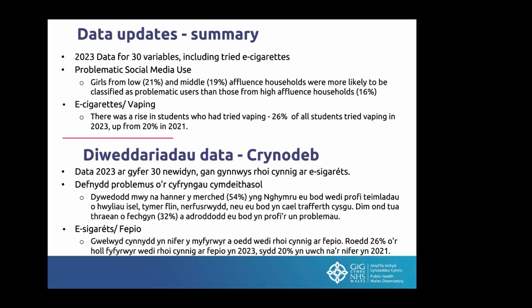We've added in quite a few variables for the substance use and gambling topic, including data on e-cigarettes and vaping, so just having tried them, use weekly and daily, and also some age first variables, so age first got drunk, age first, that sort of stuff, and also data on gambling.